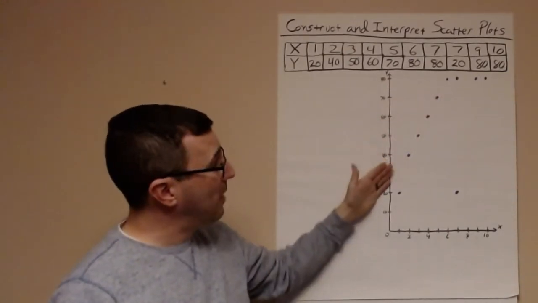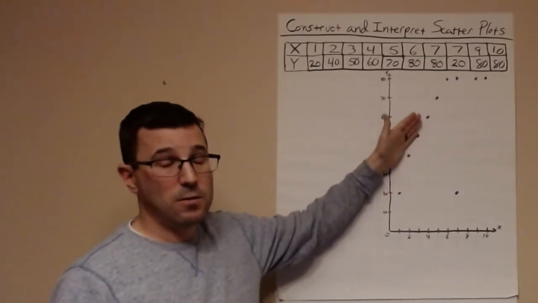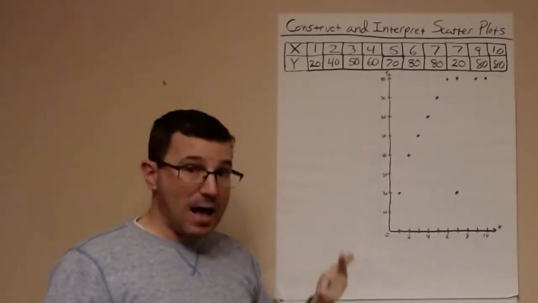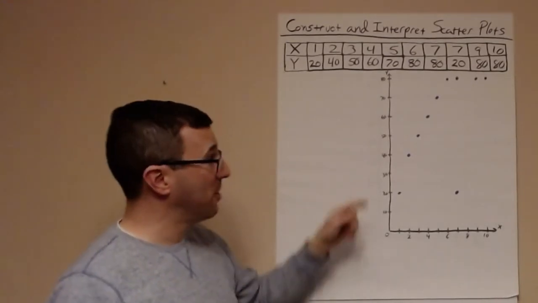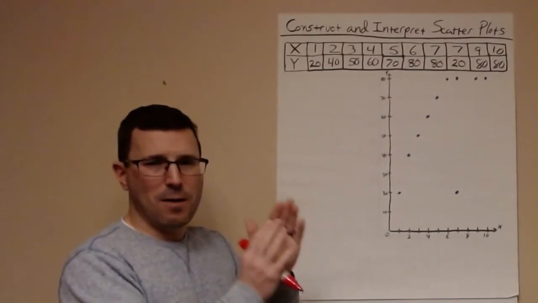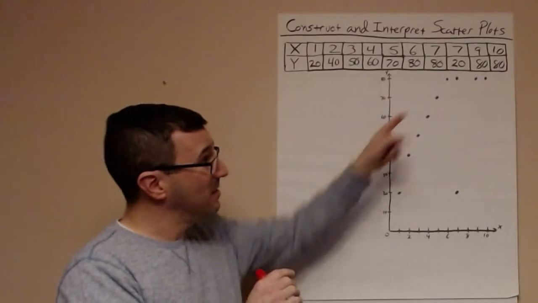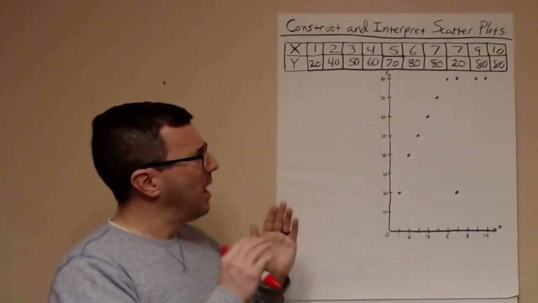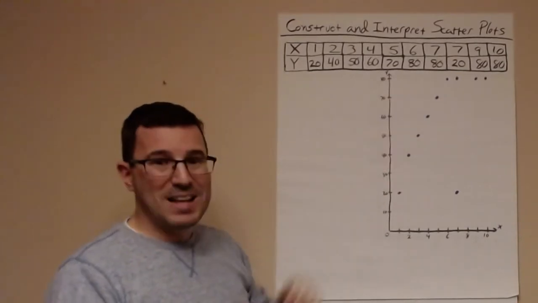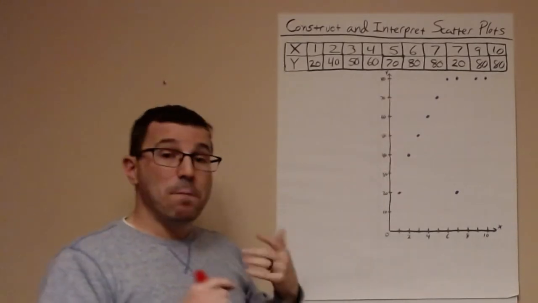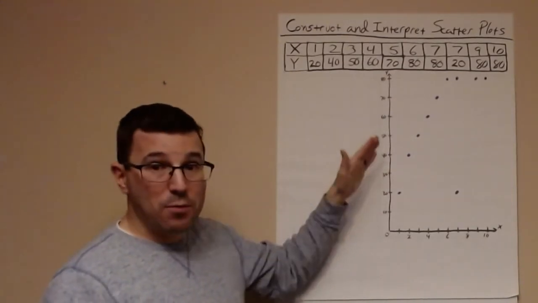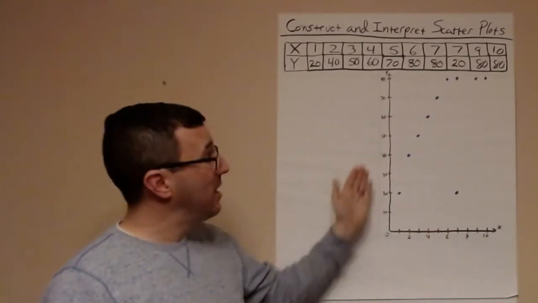It's a strong, positive, linear correlation. It's strong because they seem to be making a very consistent straight line up until you get up there. They're linear because we can use a straight line to represent these. And it's a positive correlation because as it's going up in the x values, it's also going up in the y values.